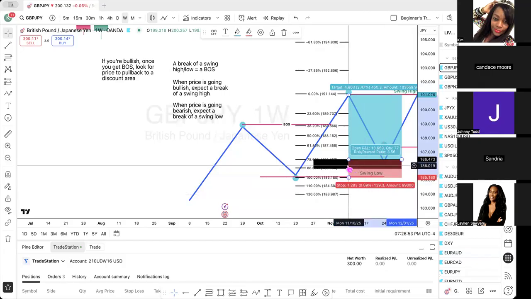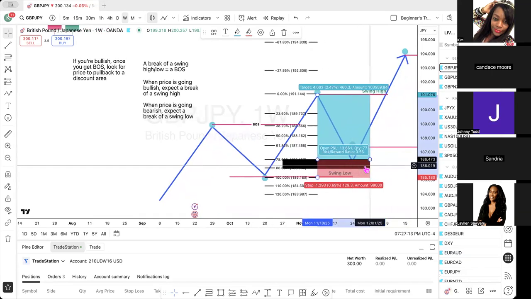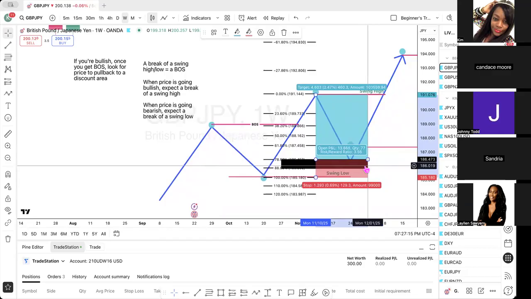You can either set a limit at the zone and assume the risk, or you can wait for price to get in your zone, go to a lower time frame and look for a market structure shift.